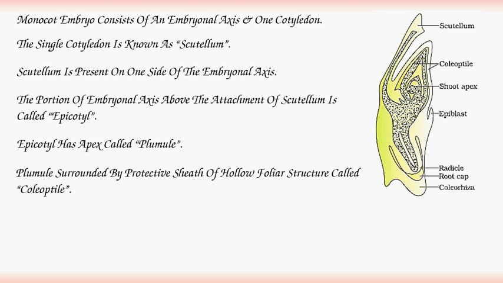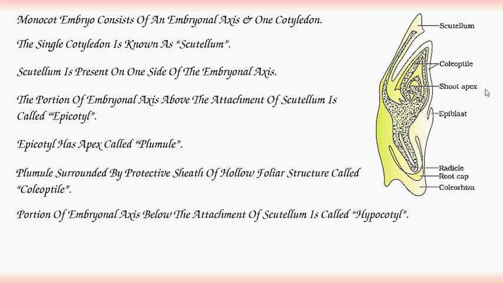This plumule is surrounded by a protective sheath, a foliar leaf-like structure called the coleoptile. This is the plumule region. It is protected with leaf-like foliar structures called the coleoptile. It protects the plumule. The shoot apex is nothing but the plumule.